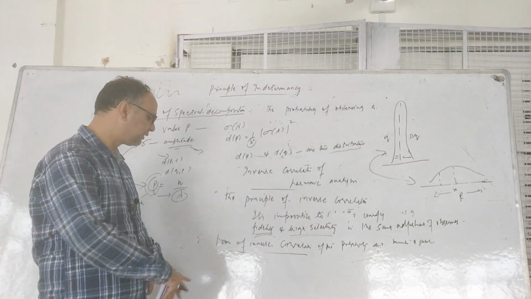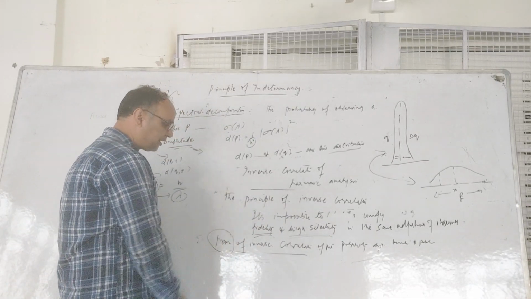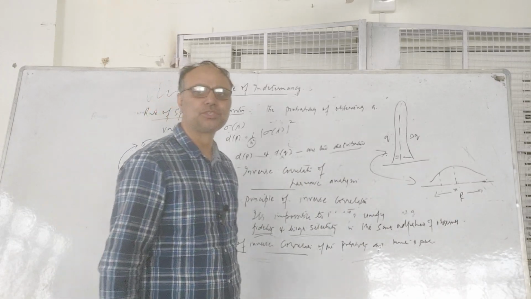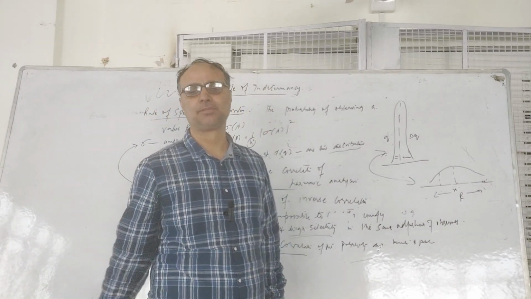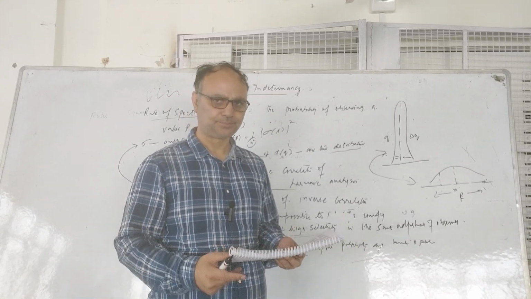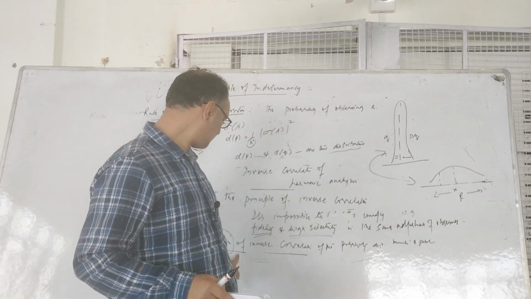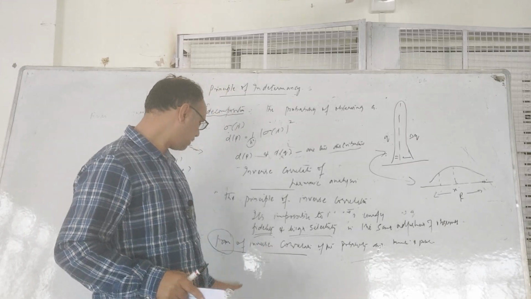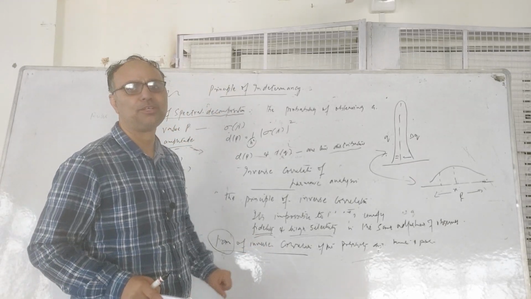So it can be seen as an inverse law. If one is identified, if position is identified, the momentum becomes imprecise in that conjugate sense. So it's a law of inverse correlation of probability distributions.